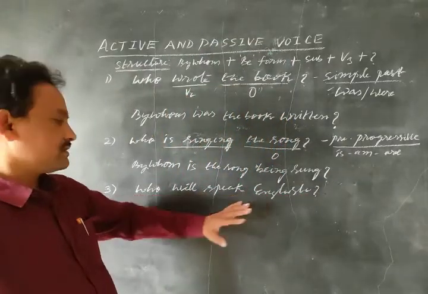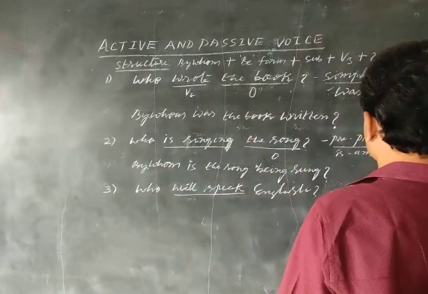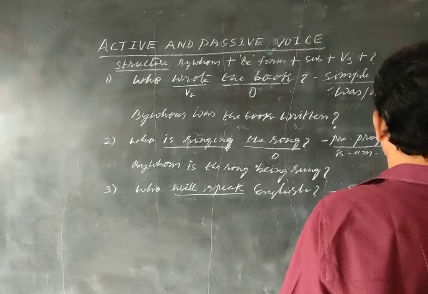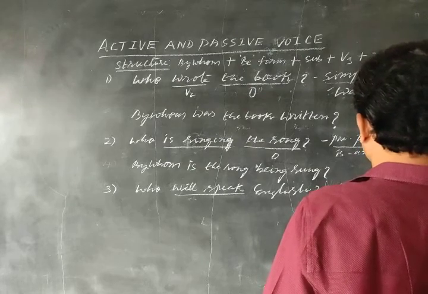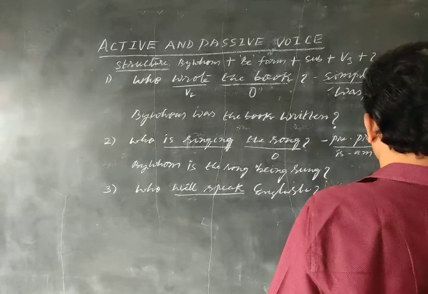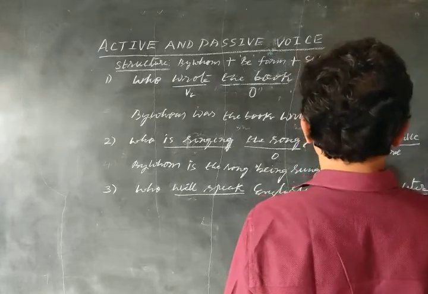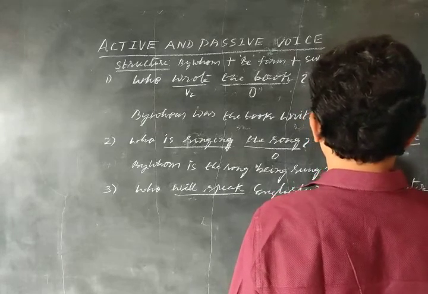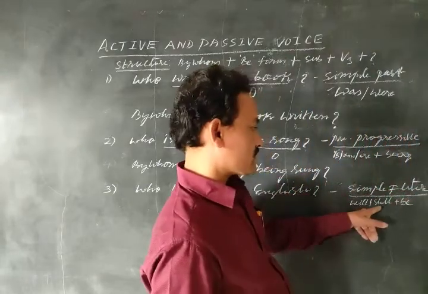You know, when you speak, this is simple future tense. In simple future tense, be forms are will or shall plus be. Here will or shall plus be.